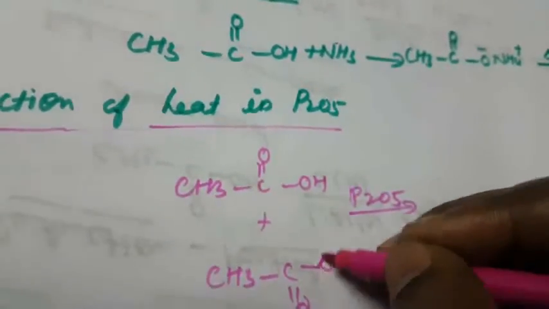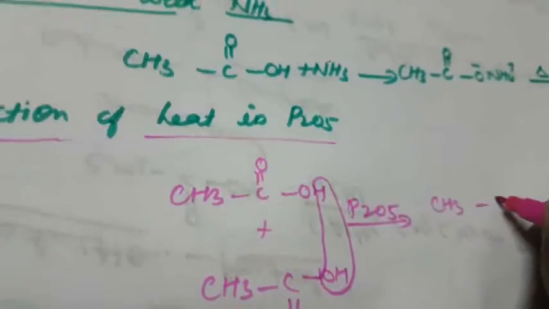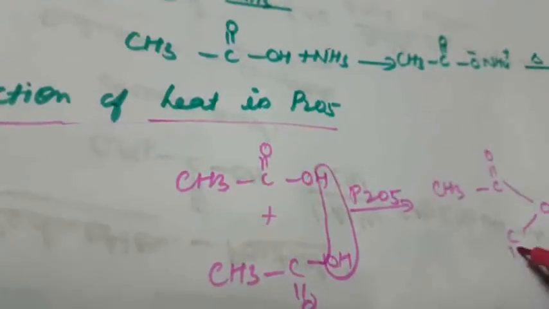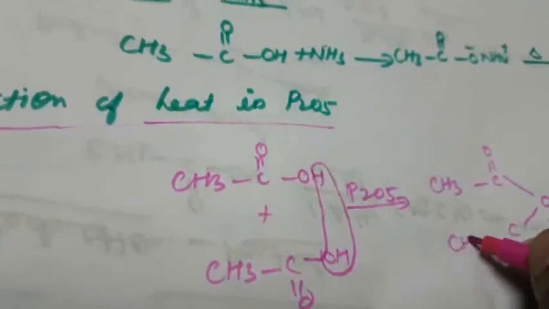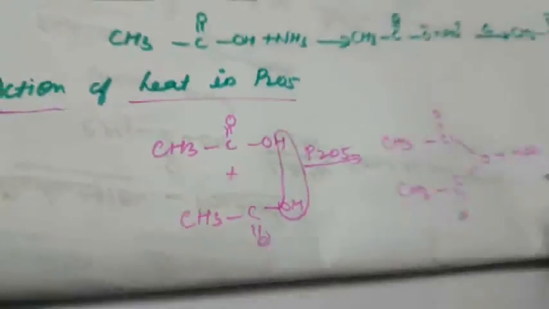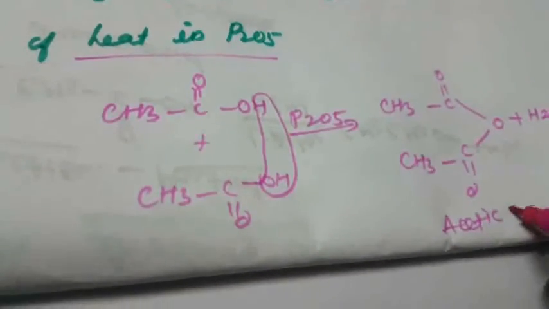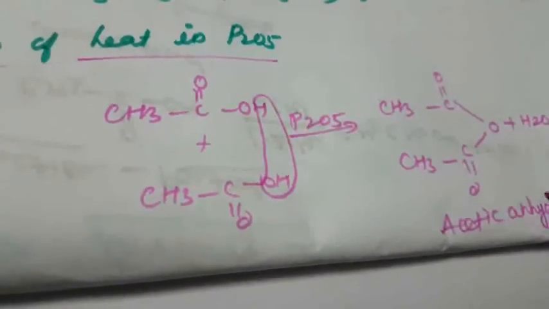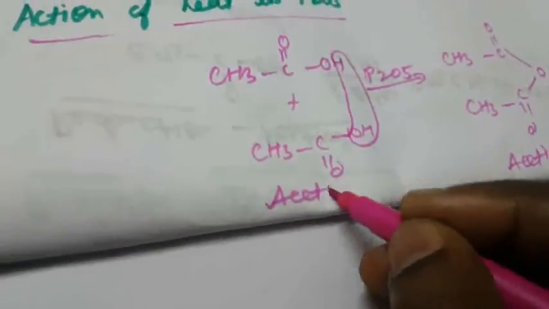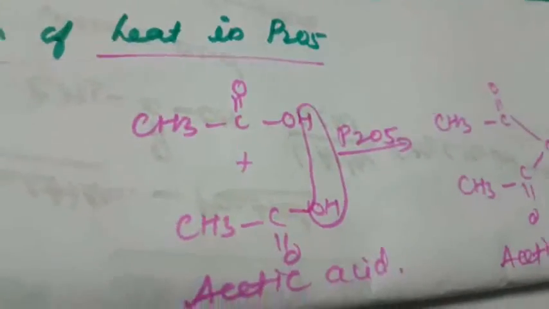Here an H2O molecule will be removed. CH3, C double bond O, O, C double bond O, CH3 plus H2O. Okay, so this is acetic anhydride.